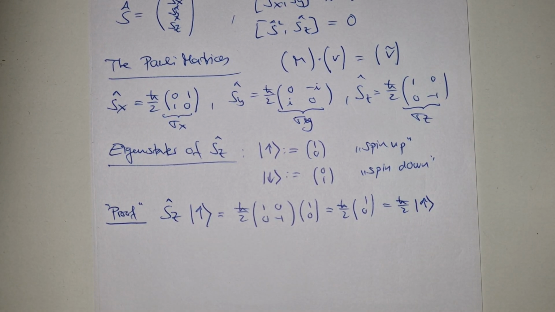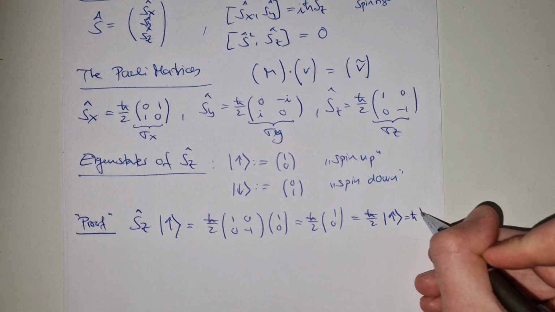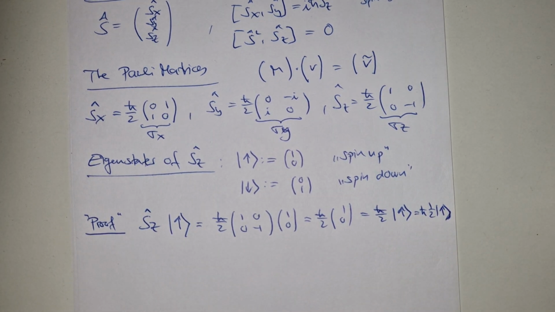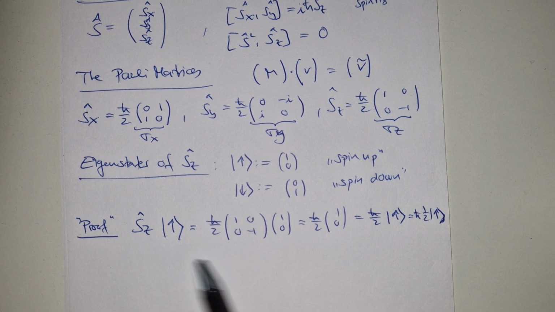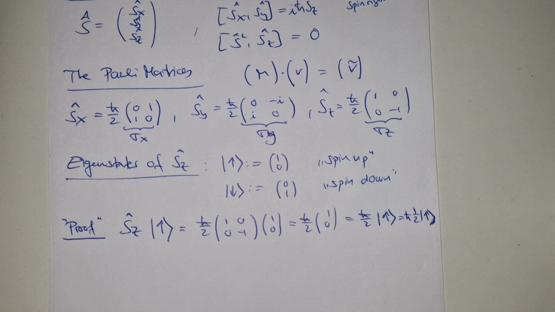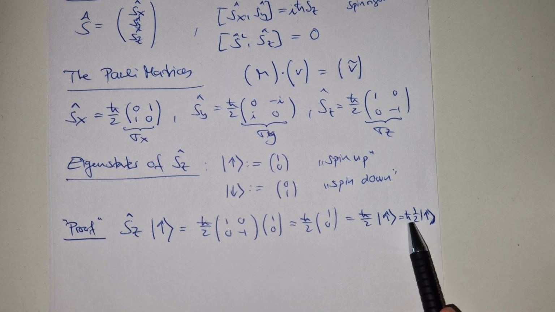Or to put it in another way, h bar times 1/2 times spin up. So, indeed, spin up or (1, 0) is an eigenstate of the Pauli SZ matrix, or of the spin operator SZ, because applying SZ to spin up yields something which is spin up times some number which we don't really care about.